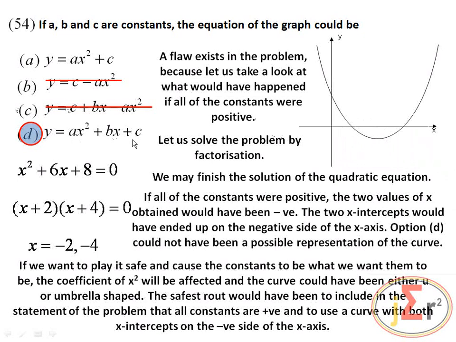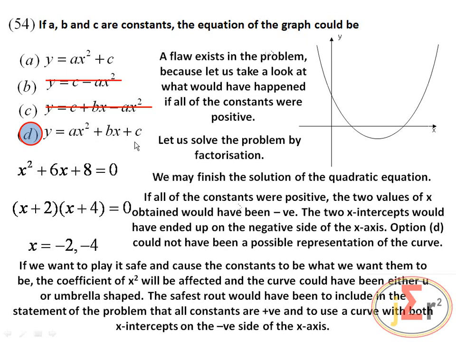In the statement of the problem, we could have stated that the coefficients are positive. Alternatively, we could just say that only the x squared coefficient is positive, and that would have fixed the curve into a U-shaped position.